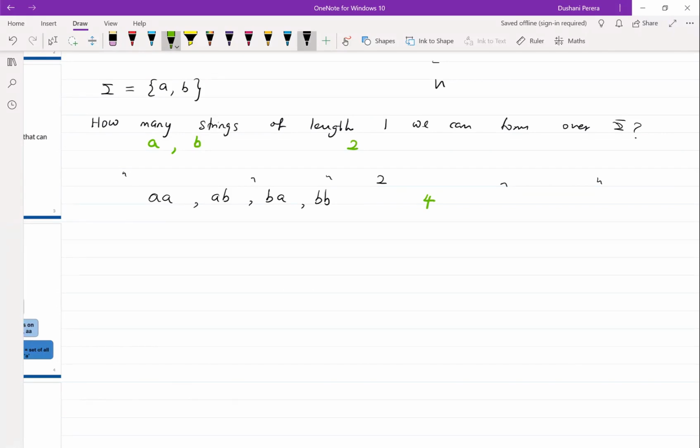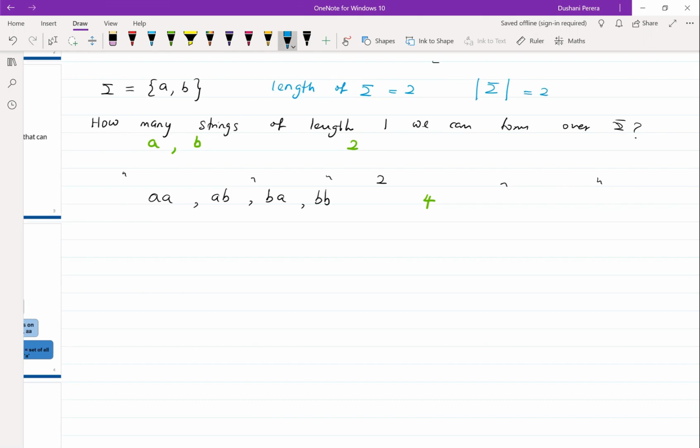So before we move on, I'll highlight this. What is the length of our alphabet? Length of sigma. The alphabet length is 2, because there are only 2 characters. We symbolize this by saying modulus sigma, which is to say the absolute value of sigma is 2.